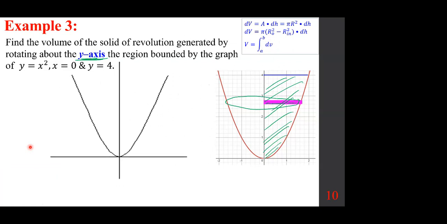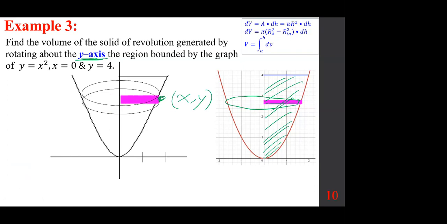Okay, class. So the disk looks like that. Now we want pi r squared dh. What is this r? Okay, let's just actually write next to it. This one has coordinates what? X comma y.